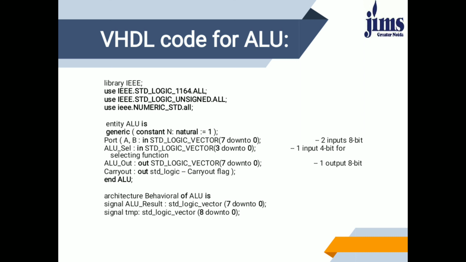See, in this you can define the constant value of n, meaning the number of lines. Entity ALU has ports A and B defined, and outputs are 7 downto 0. Why are we using 7 downto 0? Because whichever result we need, addition, subtraction, division, multiplication, the output line will be selected accordingly.